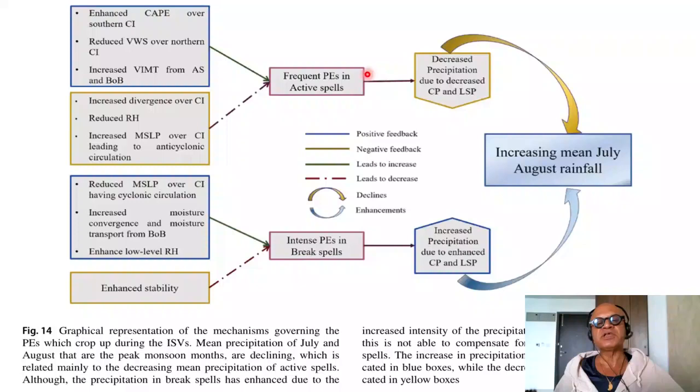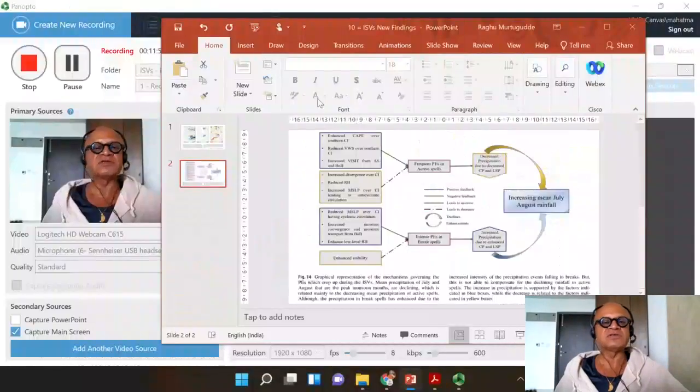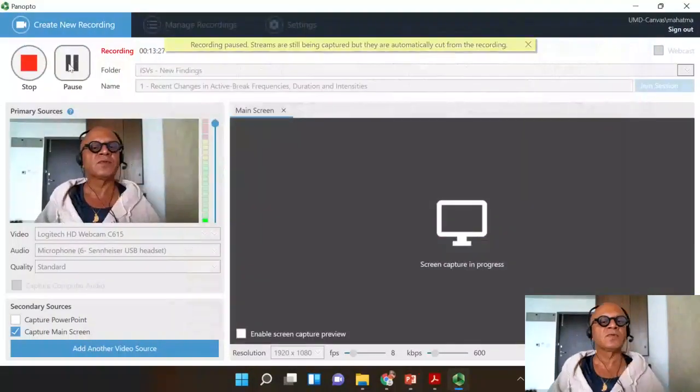So increased precipitation events in the active spells are then basically leading to decreased precipitation due to decreased CP, convective precipitation, and LSP. Okay, so let me make sure that LSP is, I don't want to screw that up.